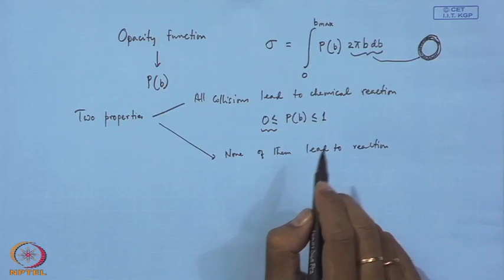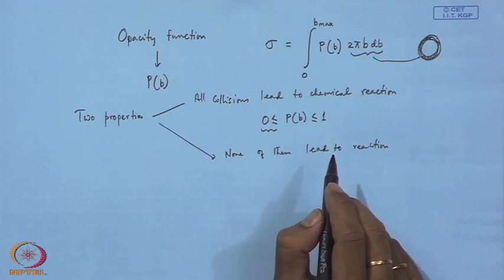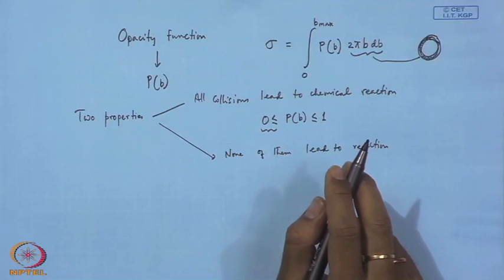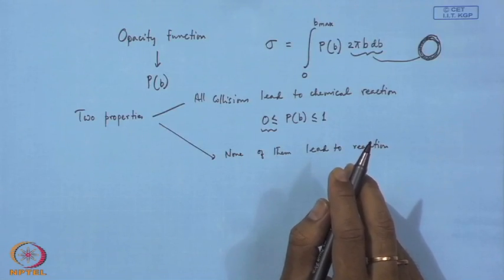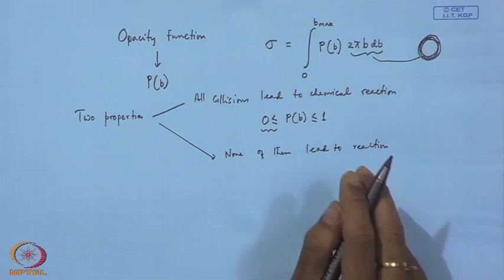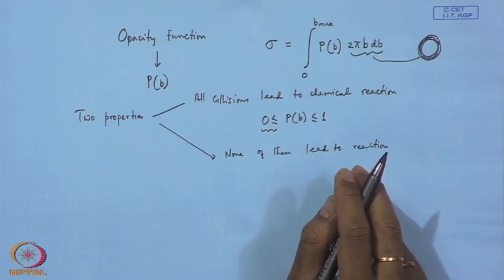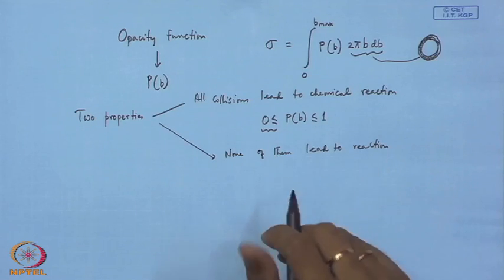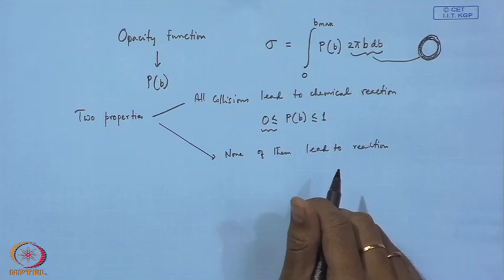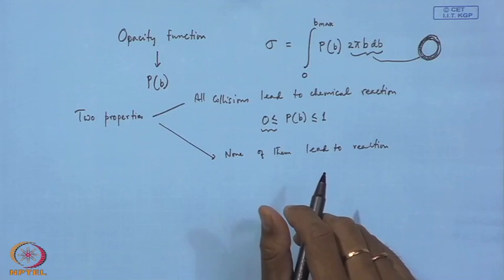And for a chemical reaction to occur, it is necessary that atoms or reactants approach closely, so that chemical forces will operate and the necessary atomic rearrangement may be possible.